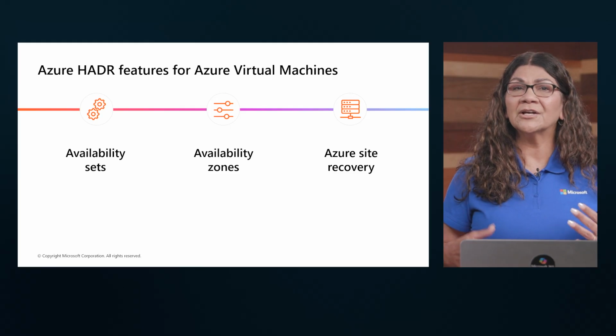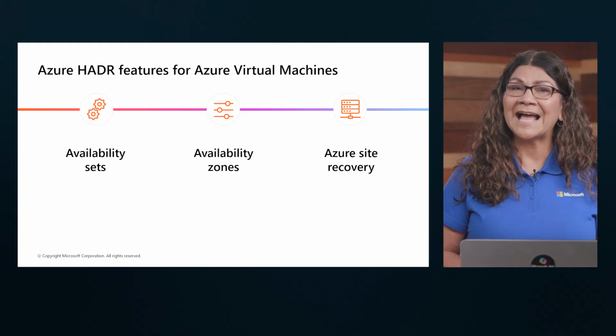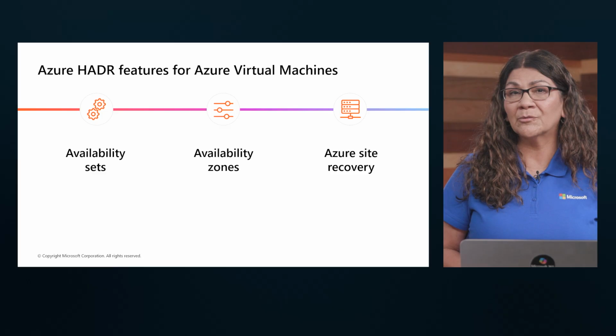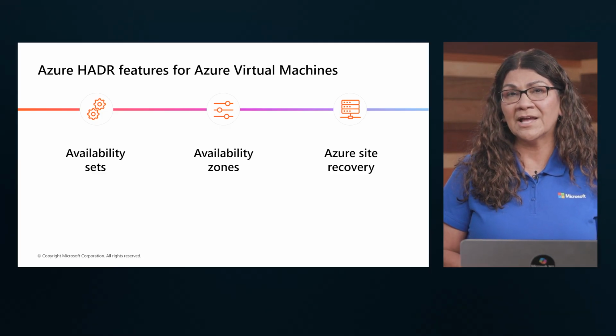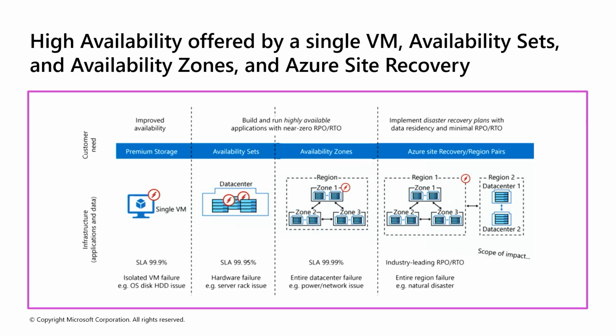Use cases here include deploying mission-critical apps with high availability requirements, ensuring compliance with business continuity plans, and protecting availability sets within a data center provide 3.5 nines SLA to mitigate hardware failures. Availability zones across multiple zones in a region offer 4 nines SLA to protect against data center-wide outages.